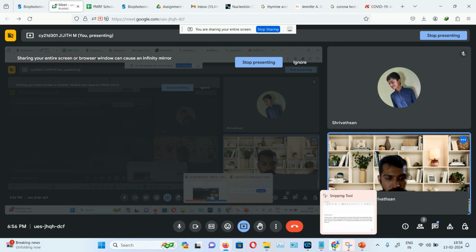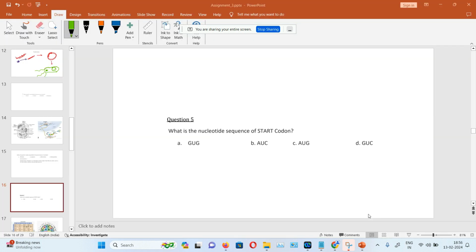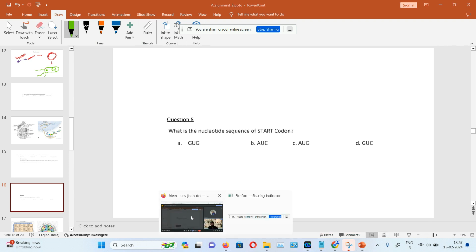C. C means AUG. Yes, the AUG codon. AUG codes for what amino acid?